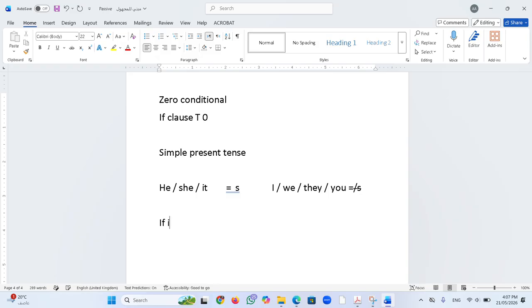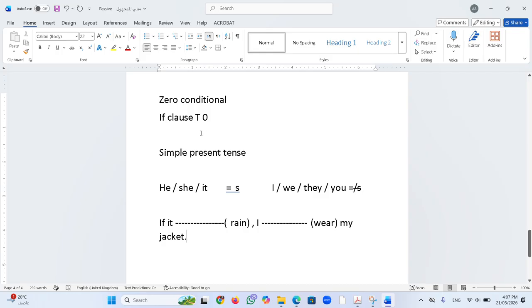If it rains, if it blank space rain, I wear my jacket. How to answer it?